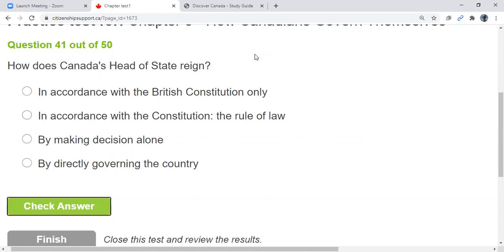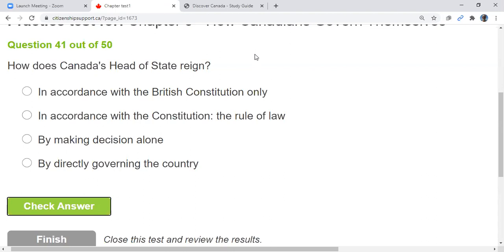How does Canada's head of state accept the British Constitution? These are very difficult questions. Do you remember sovereign, head of state, reign? Reign is when a queen or king controls things when they're in power.